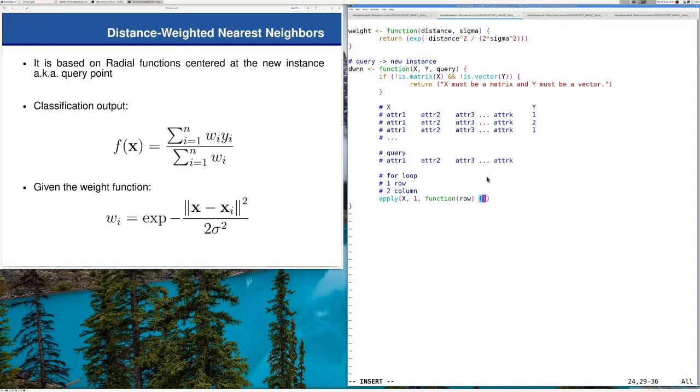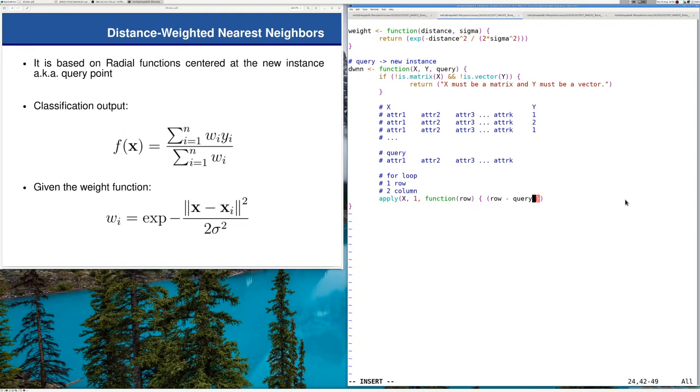What I'm going to do with that row is basically a subtraction of that row in terms of my query. This is going to compute a vector subtraction. It's going to make this minus this, and this minus this, and this minus this. And after that, I will have a vector as an answer.